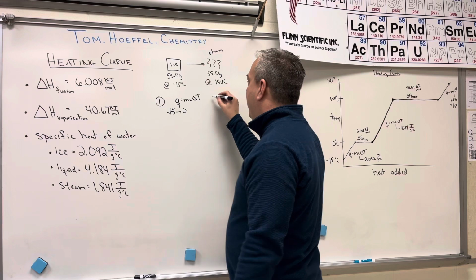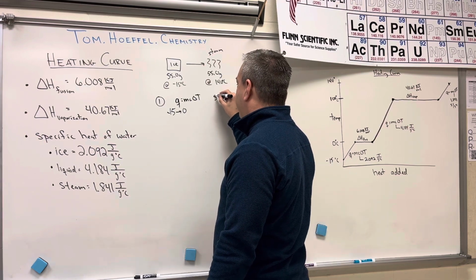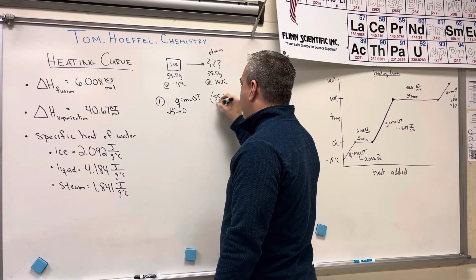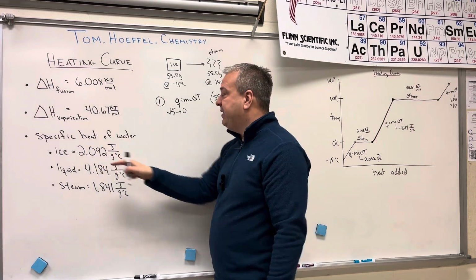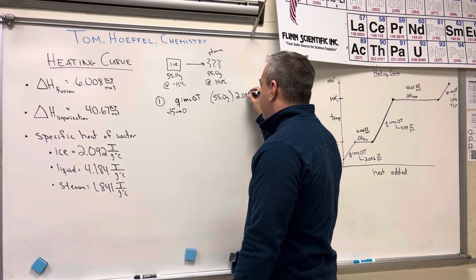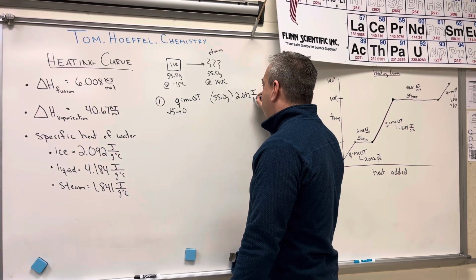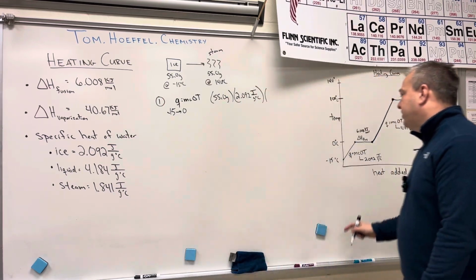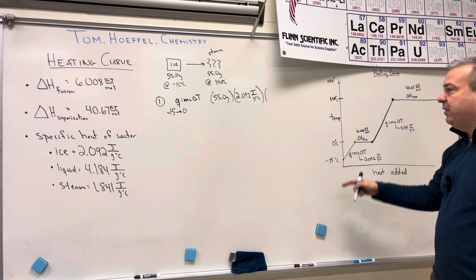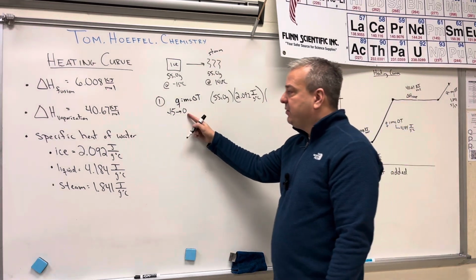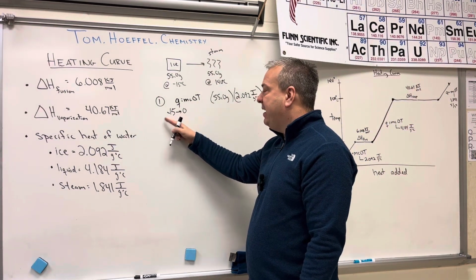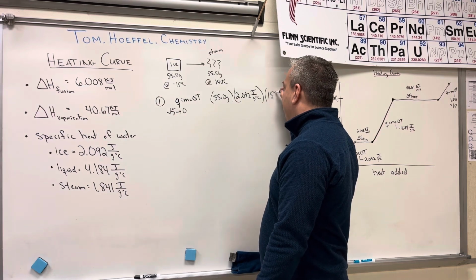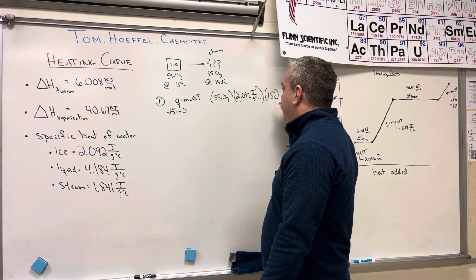The mass of the water is 55 grams. The specific heat of ice is 2.092, and that's in the joule unit. And the change of temperature to go from negative 15 to 0, remember it's final minus initial, so 0 minus a negative 15, that's an increase of 15 degrees Celsius.